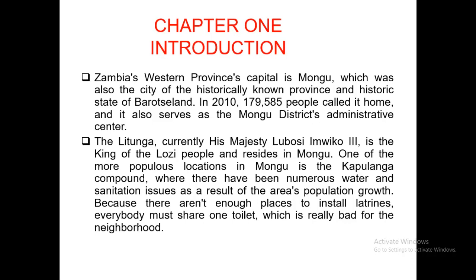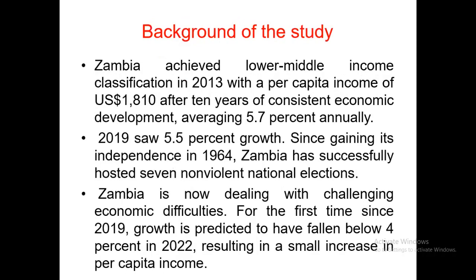This area, Mongu, is a sandy area. Luckily, most of the infections that can be caused by dirty water are mainly prevented. However, the main problem is that the population is too high, such that building latrines is very difficult.